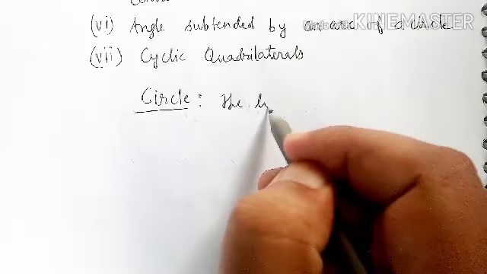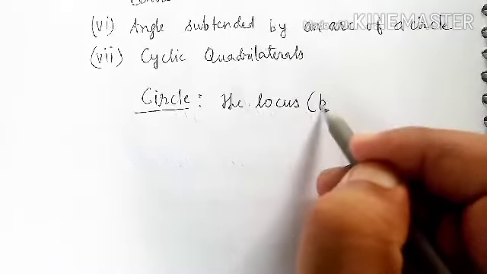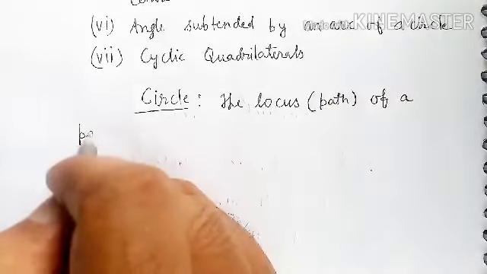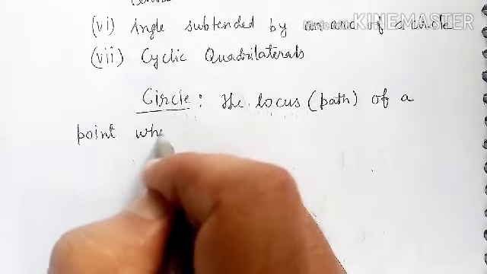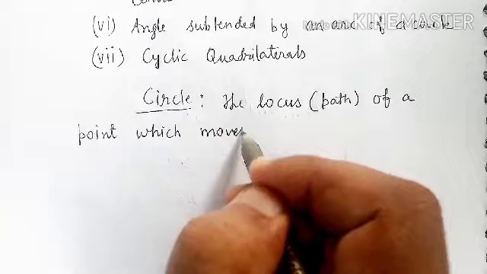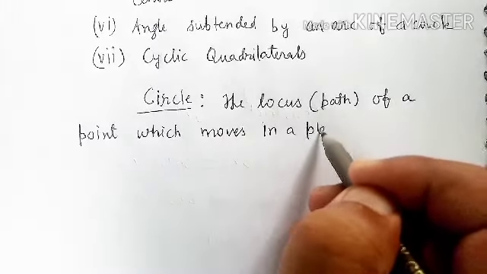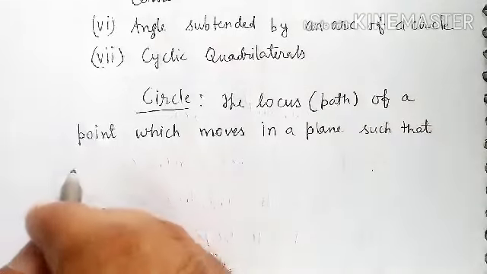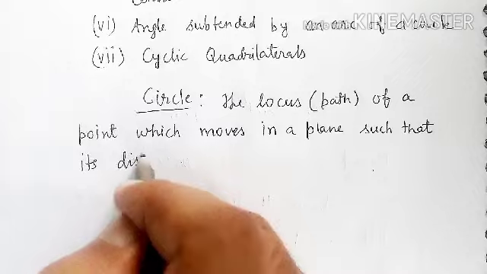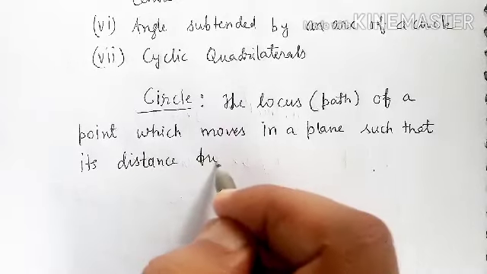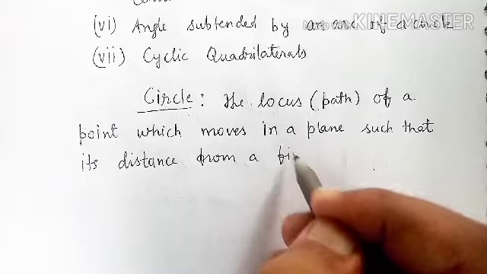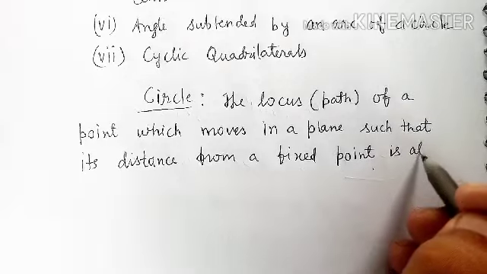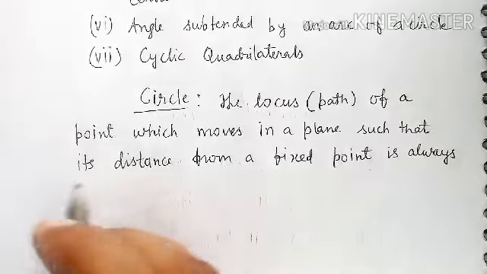The locus, which means path, of a point which moves in a plane such that its distance from a fixed point is always constant.